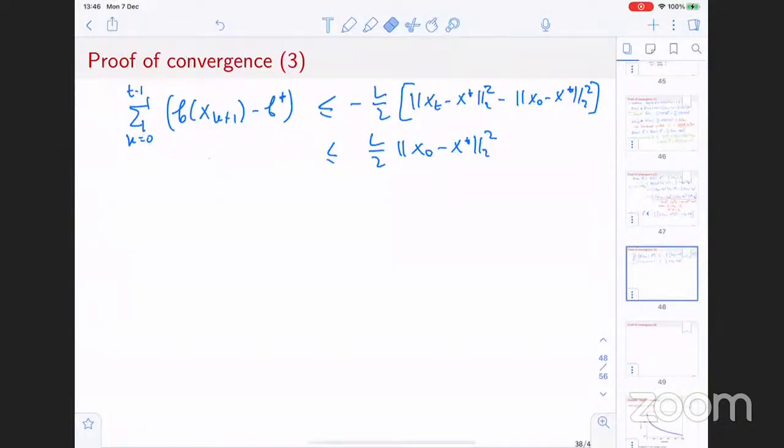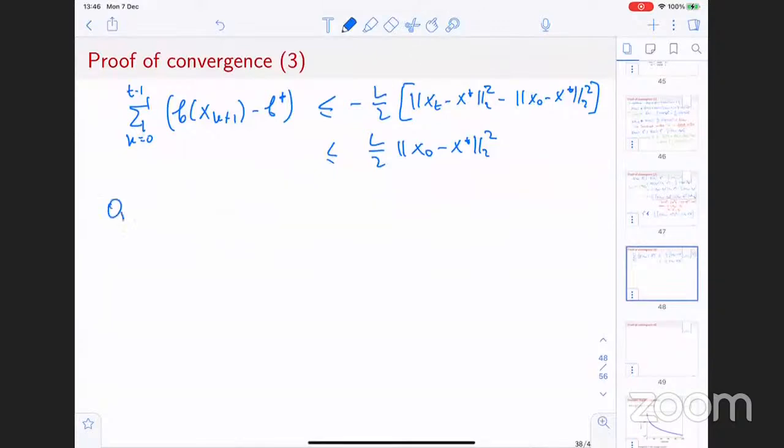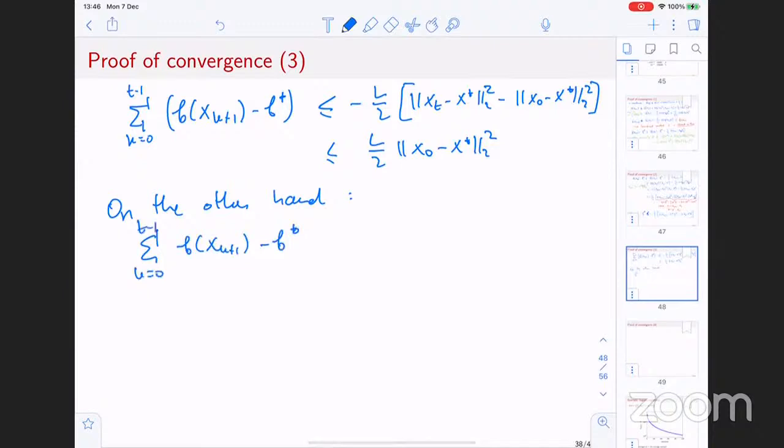Let me just say, on the other hand, the sum of f at xk plus 1 minus f star, for k equal 0 to t minus 1, is bigger than t times f at xt minus f star, because I know that the last term is the smallest one.